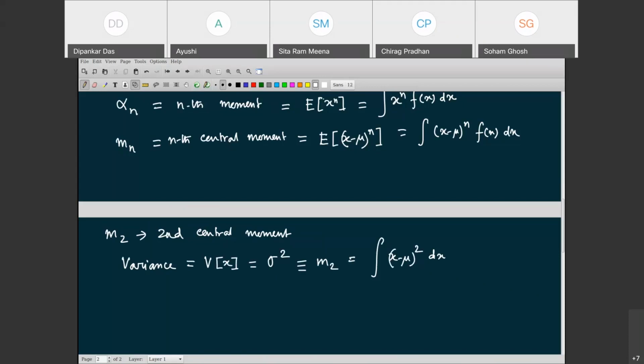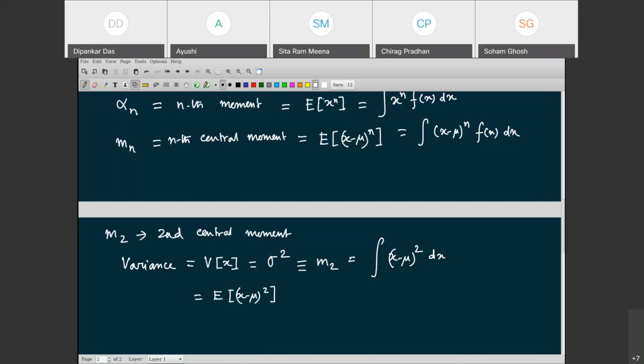So now this variance is the expectation value of (x minus mu) square. Let me write it down. So this is the expectation value of (x minus mu) whole square.